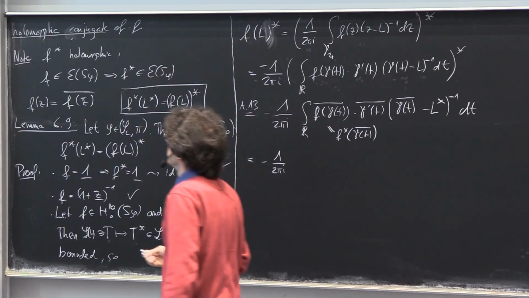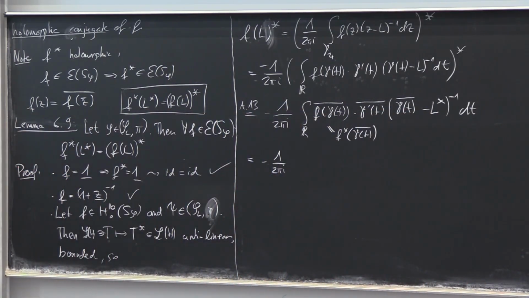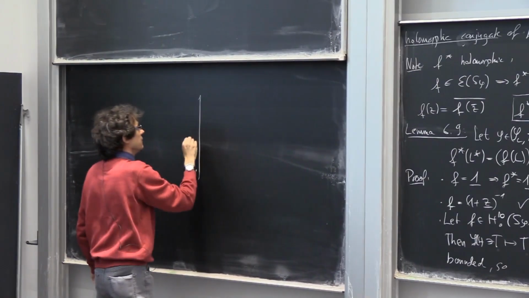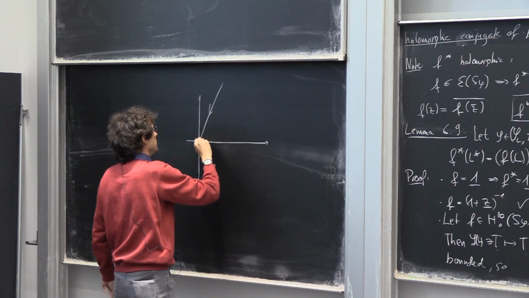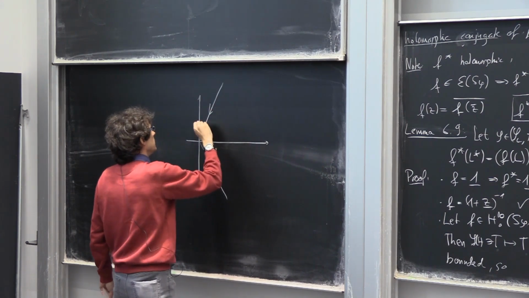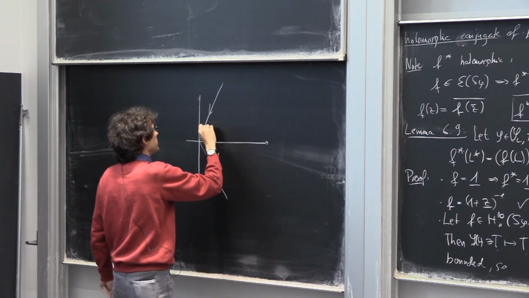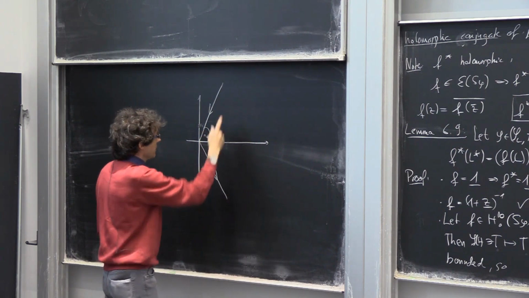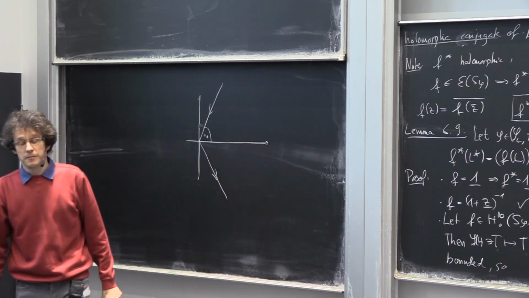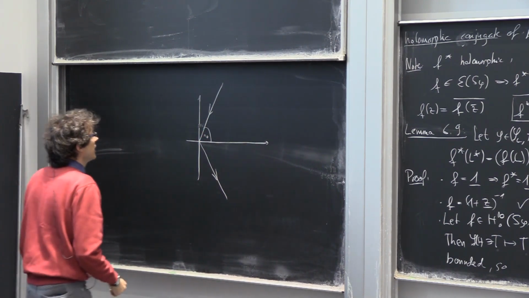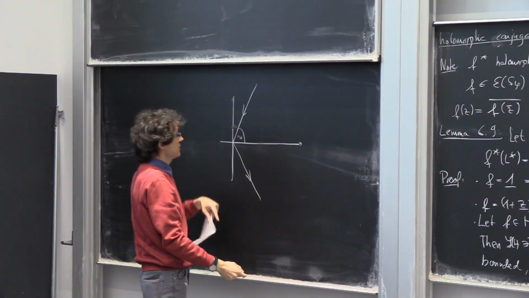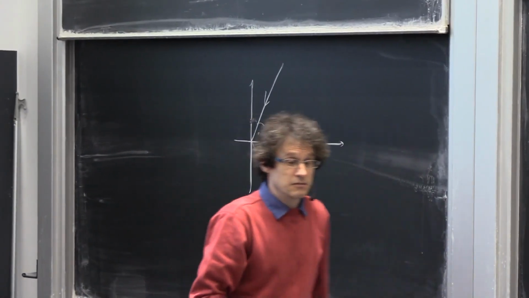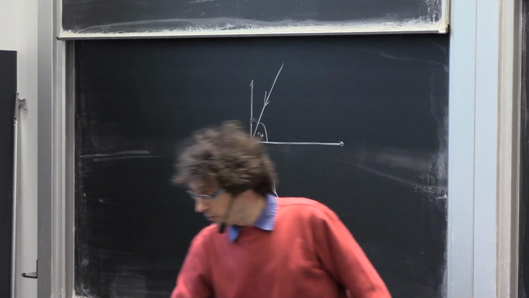What was this path gamma(t)? It was like that. So this is the angle psi, and this path is just going along the boundary of the sector with angle psi. And if you now take a complex conjugate, this just gives you the inverted path, so the path going backwards.